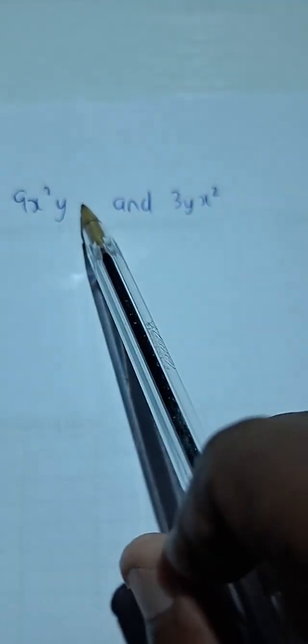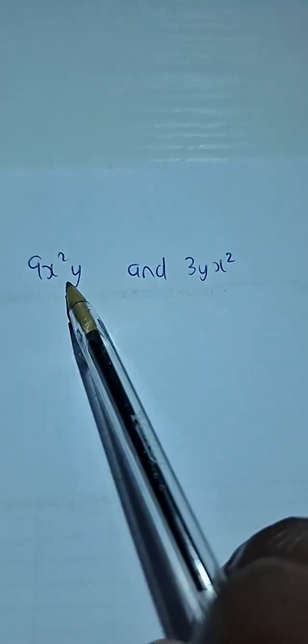Let's check something else. 9x squared y and 3yx squared. These two terms, like terms or unlike terms? Are these like terms or unlike? Sabrina says like.